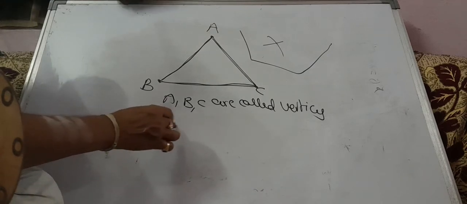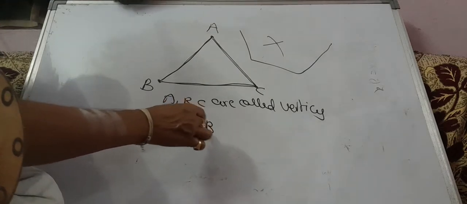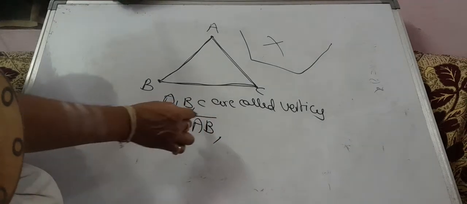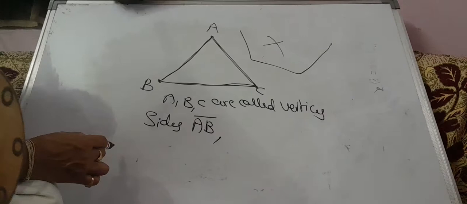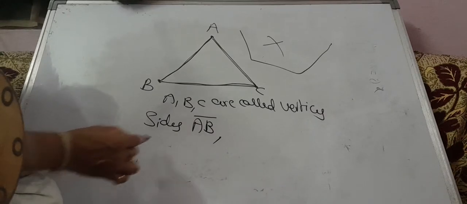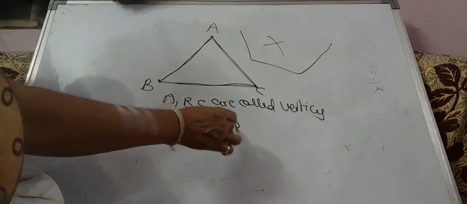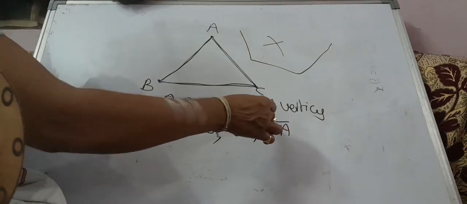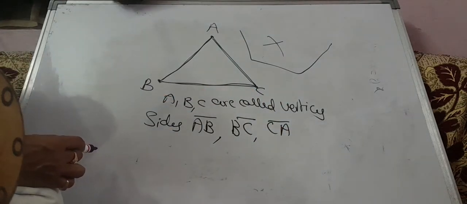Now sides. What are the sides? AB, as we learned in our previous video, to represent one segment like this, BC, CA. These are the three sides.